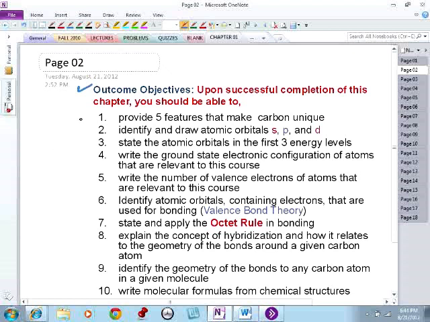For example, at the end of this chapter, you should be able to do what? Can anybody read for me? What are the first 3 things that you think you should be able to do at the end of this chapter? Anybody? Yes. Okay, yeah, read.